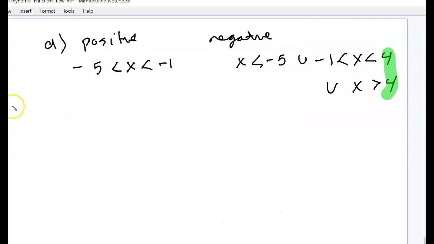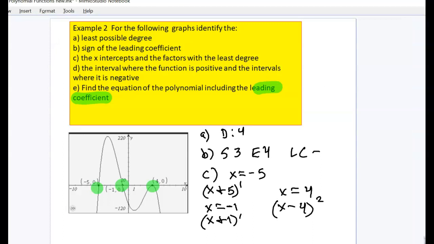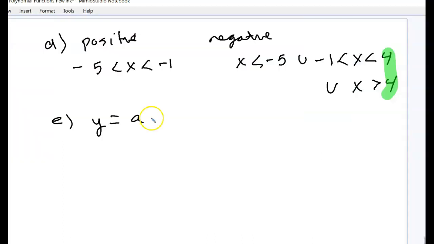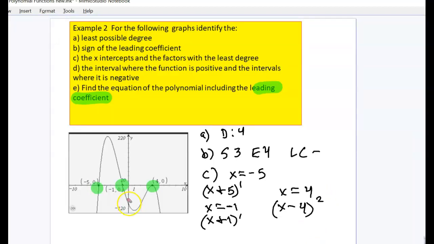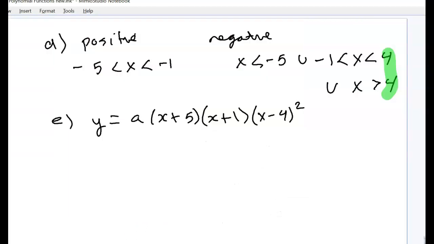Now for part E, to find the equation, again, y equals a, my leading coefficient, and I list my factors, which are going to be x plus 5, x plus 1, and x minus 4 all squared. Again, I'm going to take my y-intercept, which is probably the easiest, and the y-intercept in this particular case is 0, negative 80.